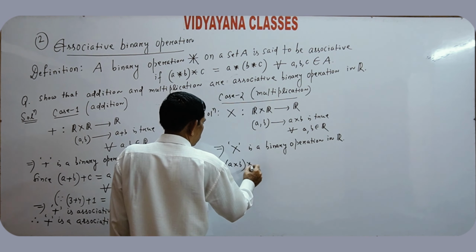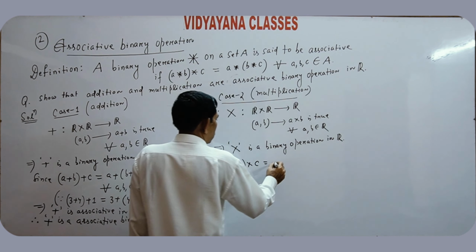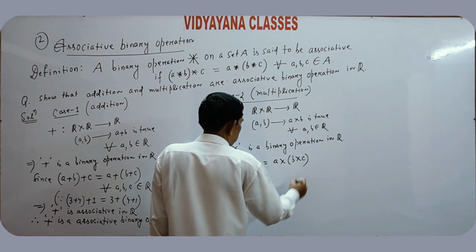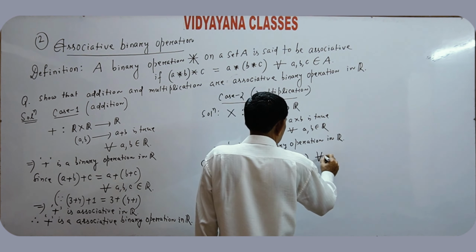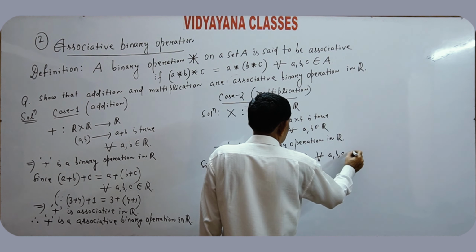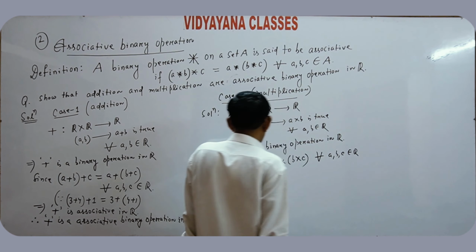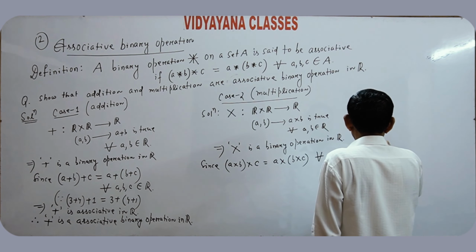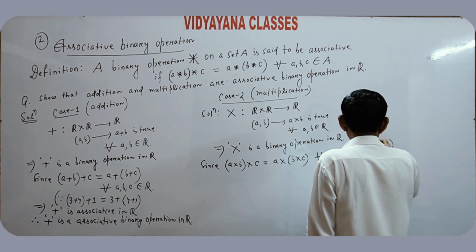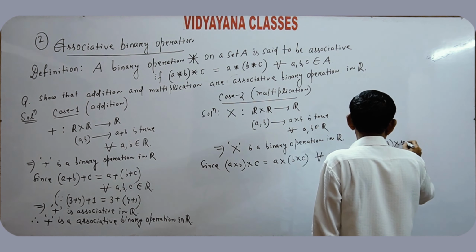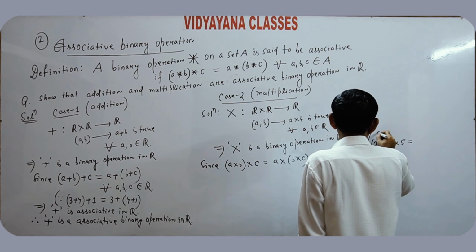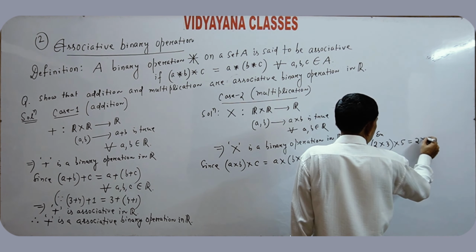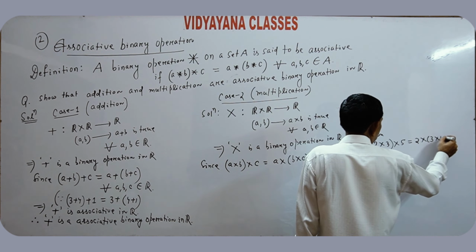(a into b) into c is equal to a into (b into c) for all a, b, c belonging to R. For example, (2 into 3) into 5 is the same as 2 into (3 into 5).